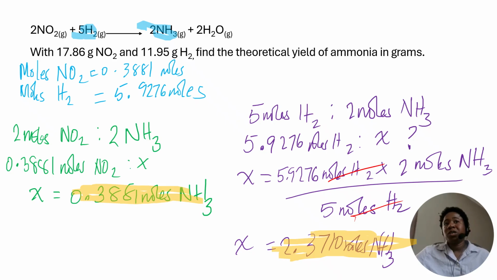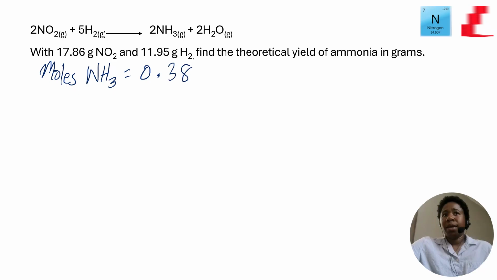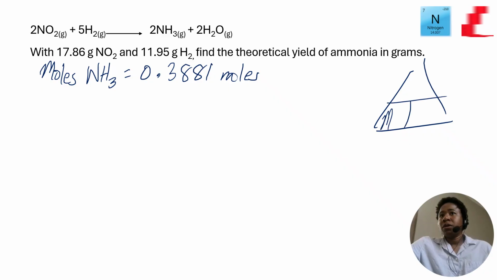Now that we know which one is the limiting reagent, we can move forward with calculating the theoretical yield of ammonia. So we did our calculation and we said that the moles of ammonia present was equal to 0.3881 moles.